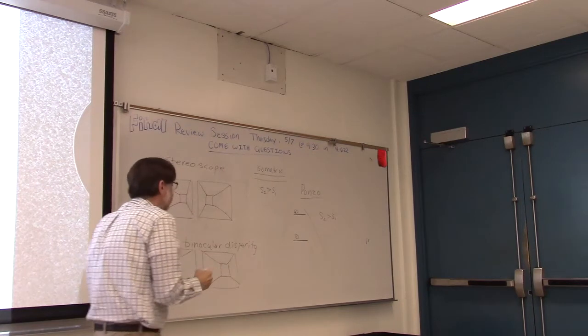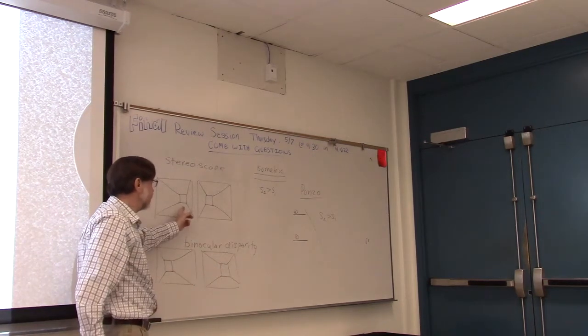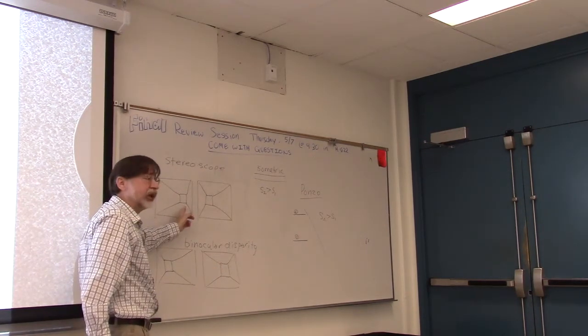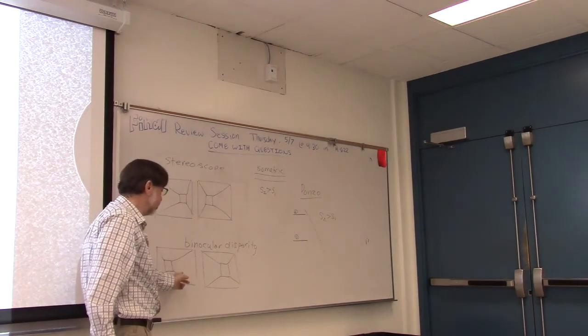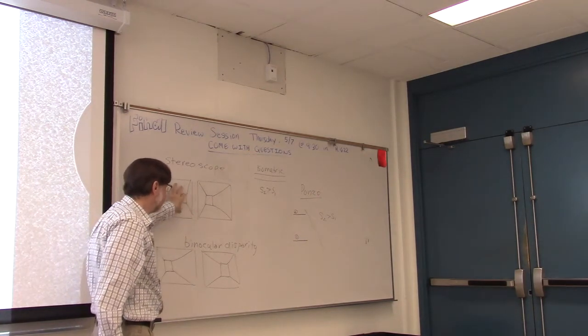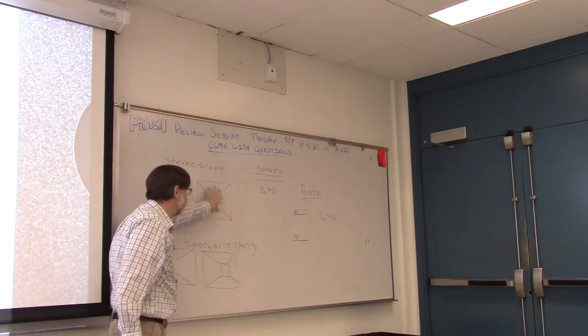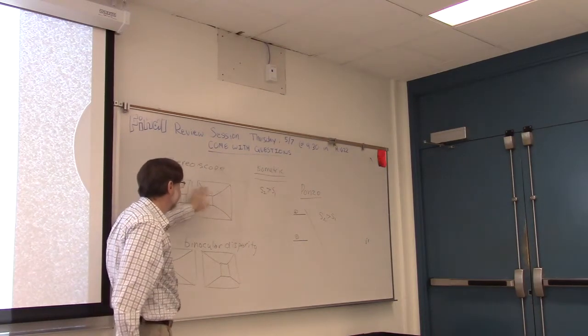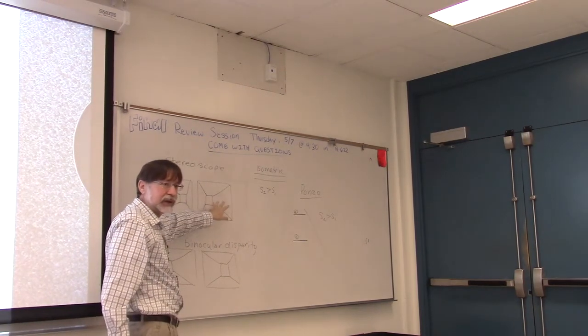What's a person going to see, okay, if they get this versus this? So this is exactly that, and that's exactly that, and that is exactly that except flipped over. All right? Everybody clear on that?